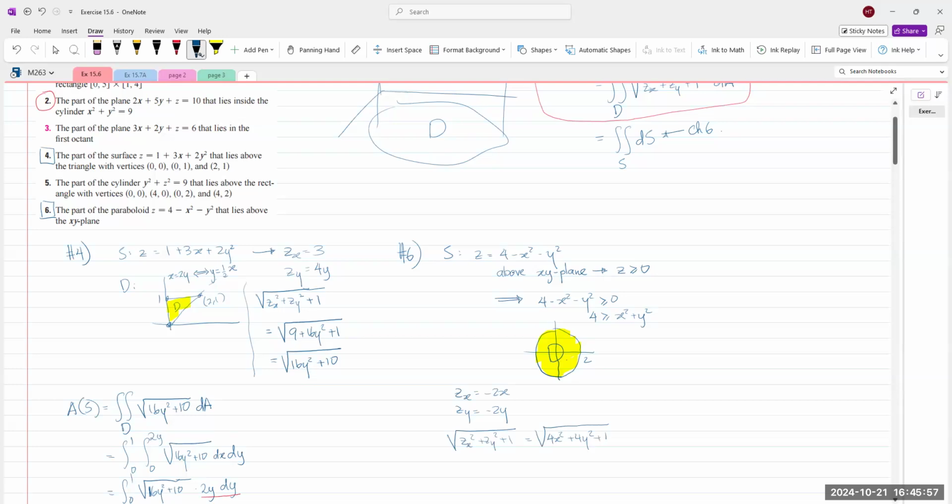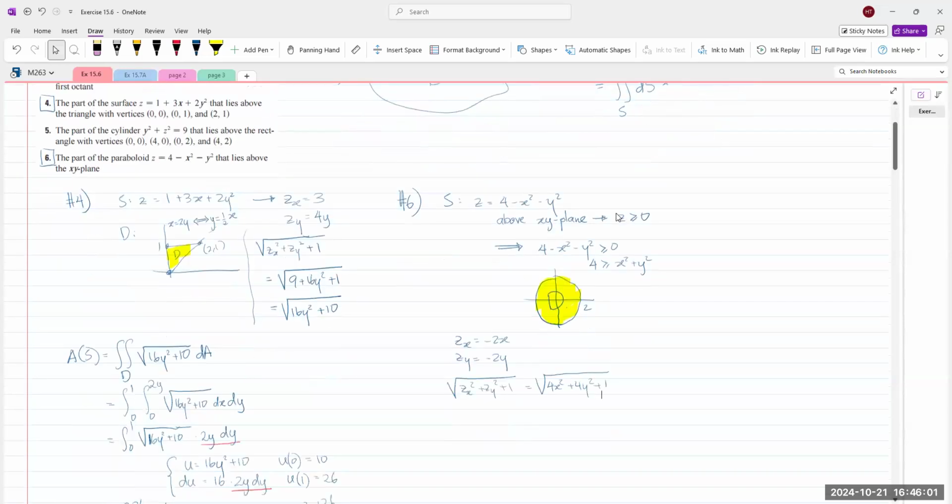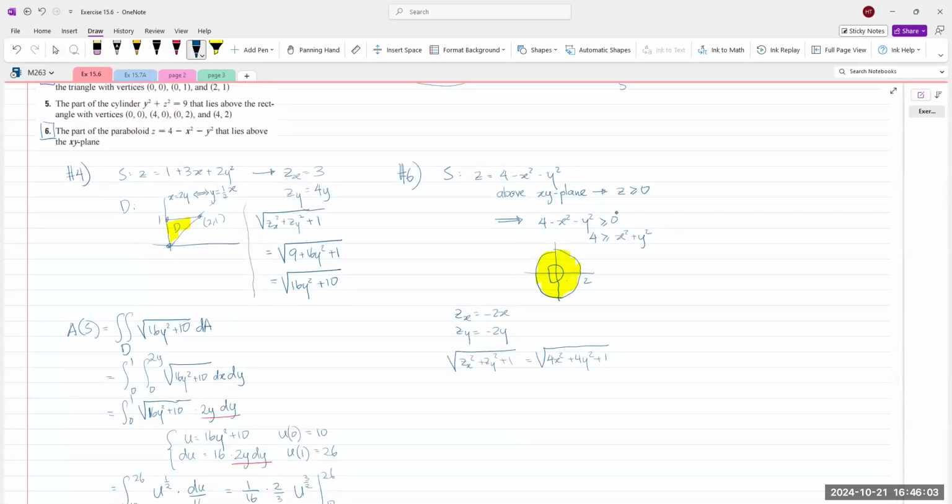Now, you may think you can do this inside the integral. I strongly do not recommend that. The reason is we would rather set up the integrand properly first. We focus on the integrand, this is the integrand, and then we put that into the integral.